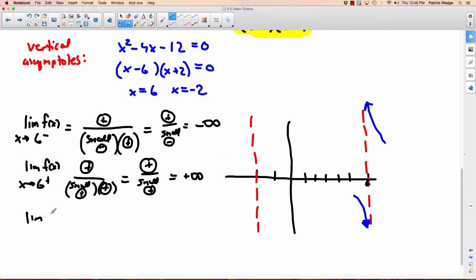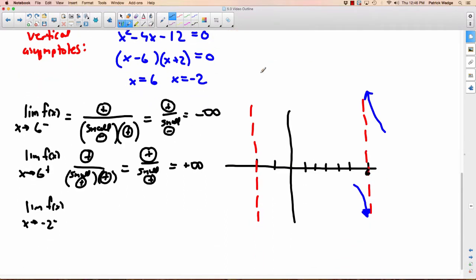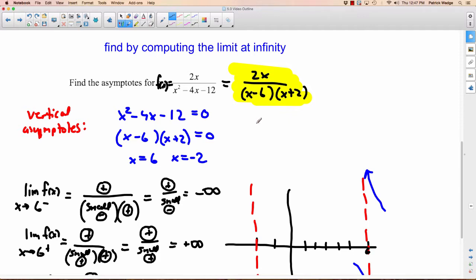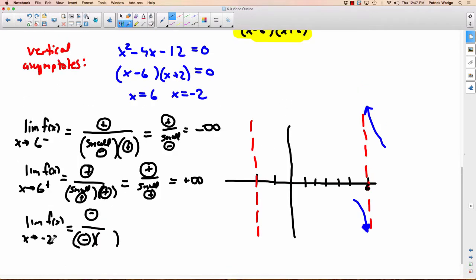So the limit of f of x as x approaches -2 from the left. Okay, so if I put -2 in here, 2 times -2 is -4, I get a negative. So I get a negative divided by, I can plug -2 in here as well. -2 take away 6 is -8, so I get another negative. And I'm going to multiply that by a number just a little bit smaller than -2.